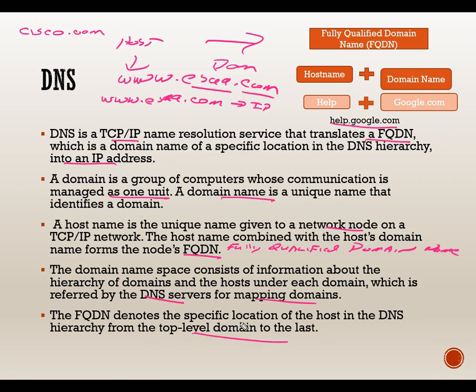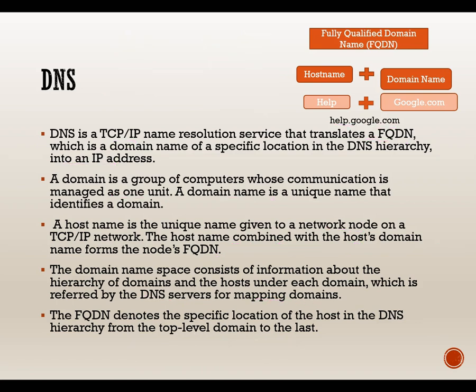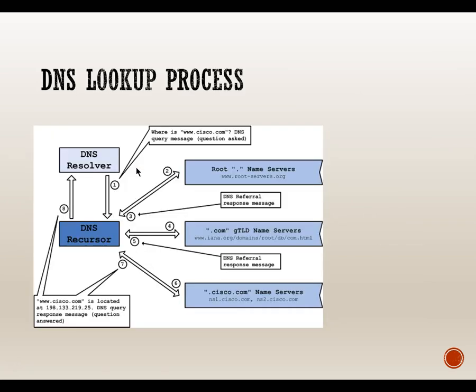I want to do one more slide and then take a look at a DNS server. The DNS lookup process. How does this work? We go in and type in this case, www.cisco.com. The DNS resolver, the resolver is our workstation.